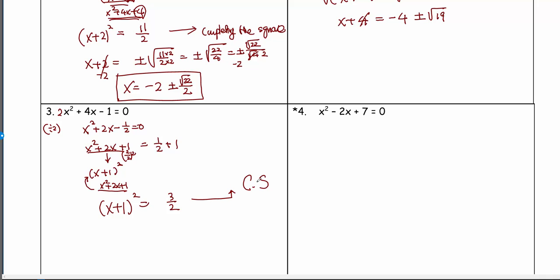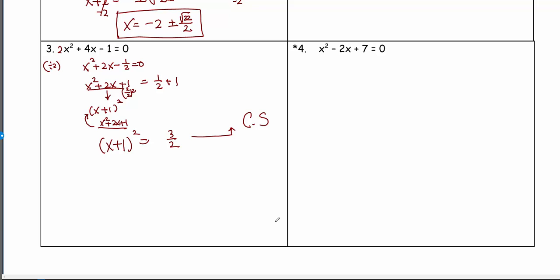Okay? Now to find the solution, you always need the square root. But this time, always plus or minus, okay? So x plus 1 equals plus or minus square root 3 over 2. But the denominator cannot have a radical, so to rationalize, multiply by 2 over 2. That is plus or minus square root 6 over 2, right?